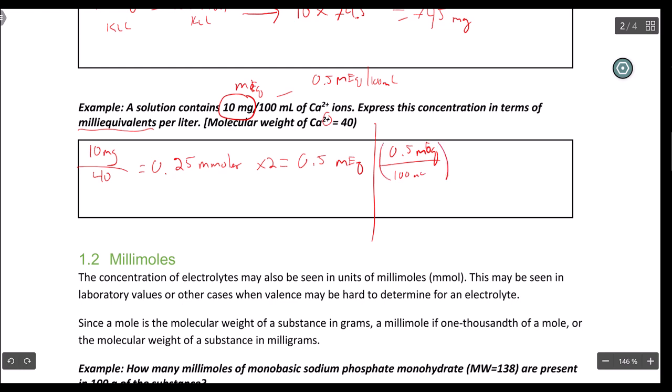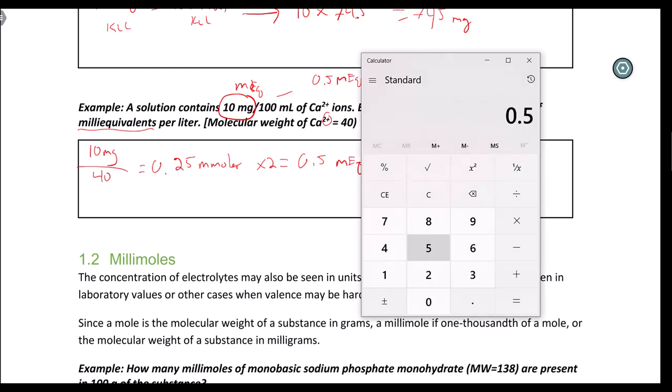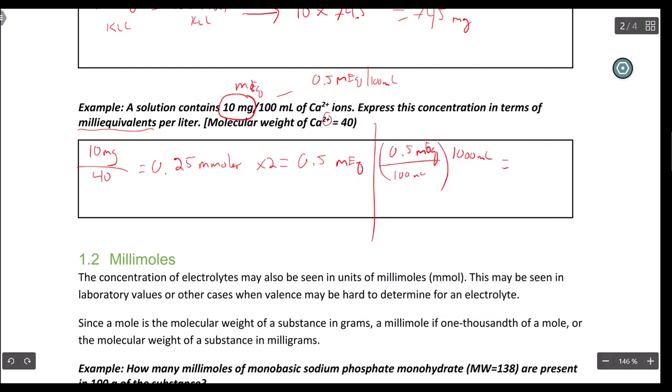How much do you have if you got 1,000 mLs? So we would take our 0.5 times the 1,000, and we would obviously have our 5. So 5 MEQs per liter.